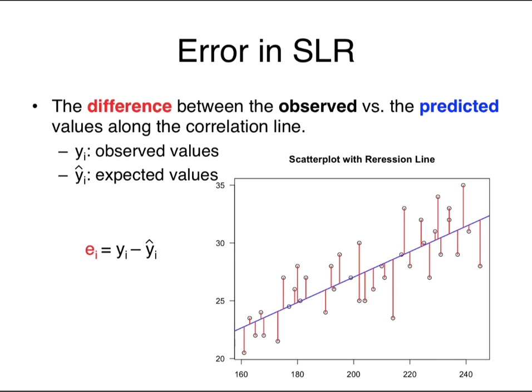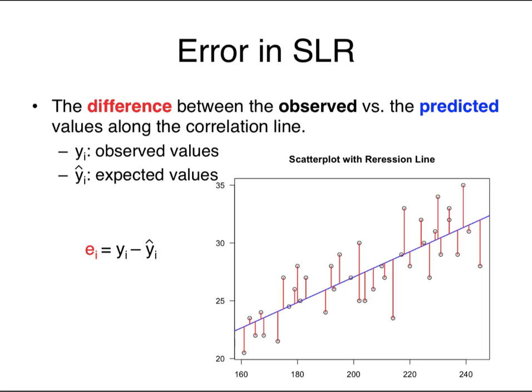When we fit a regression line, there is nearly always some error associated with this line. The error is the difference between the observed y value and the predicted y value along the regression line. So this plot shows us our fitted regression line through our observations. Each circle shows each observed y value.